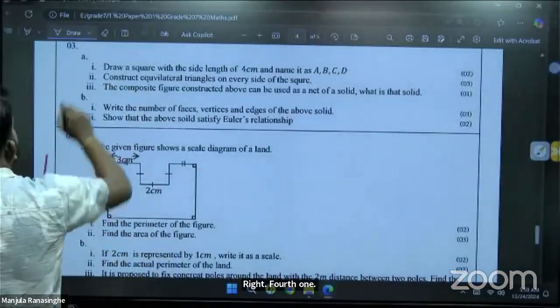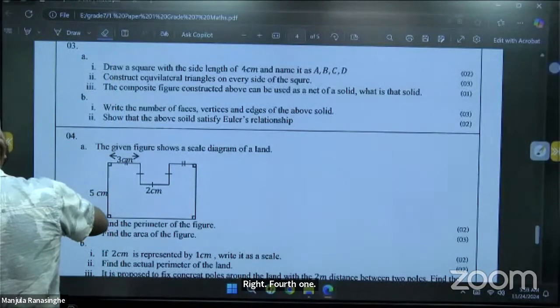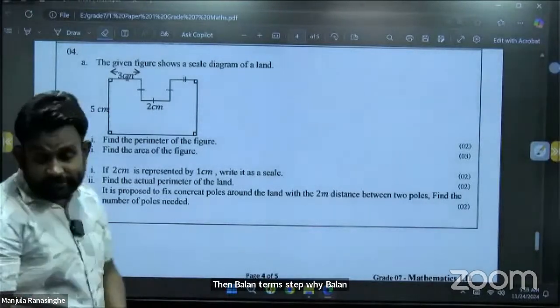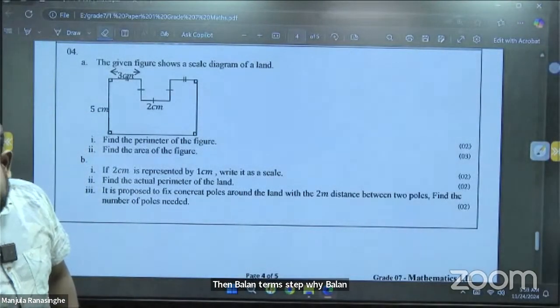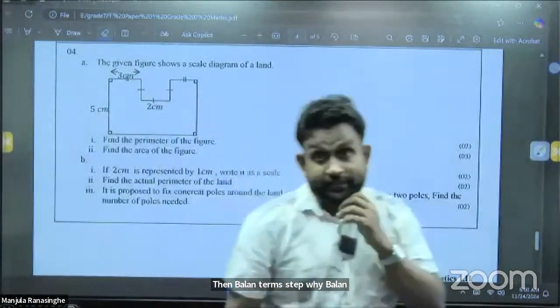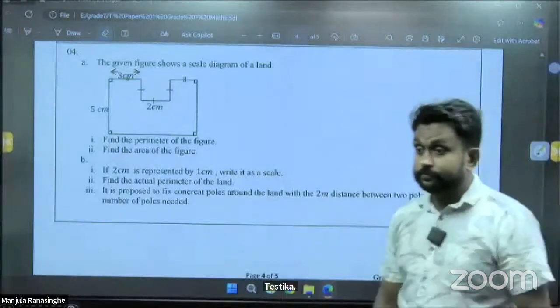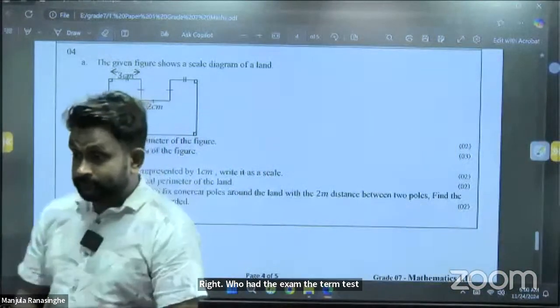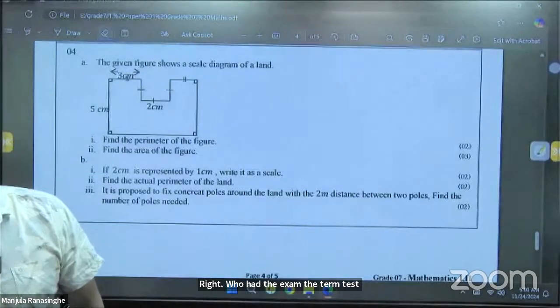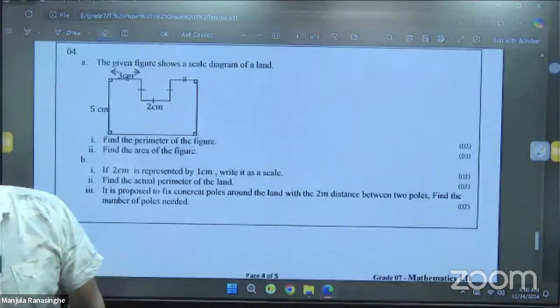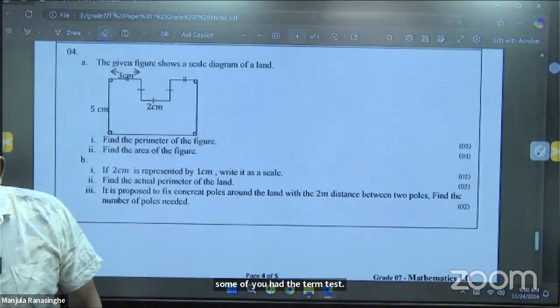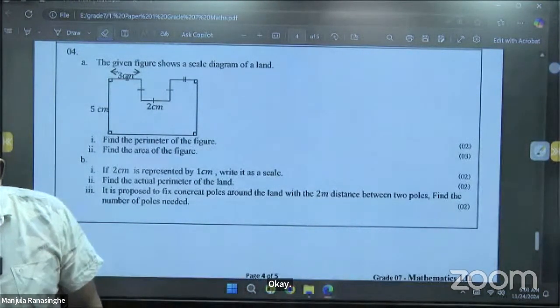Look carefully. Those who had the term test, did you get to talk about it? In some of your schools the term test was held. Who had the exam, the term test? Some of you had the term test. Sir, I have the term test on 3rd of January.